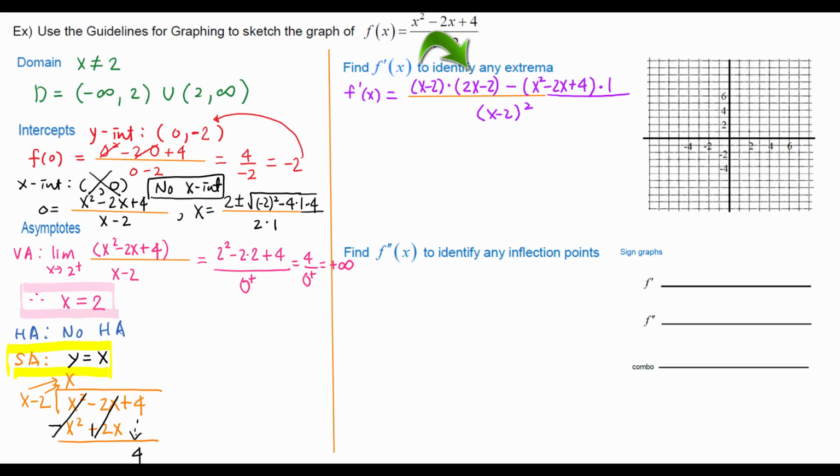So square the quantity x minus 2. Let's go ahead and FOIL and distribute the negative on the second term, and we will simplify it. FOIL: x times 2x is 2x squared. x times negative 2 is negative 2x. Inner: negative 2 times 2x is negative 4x.